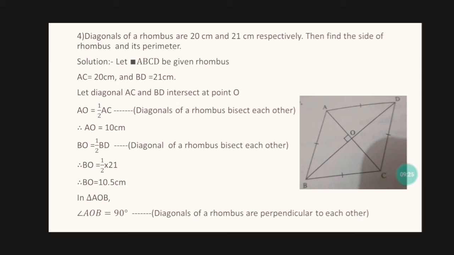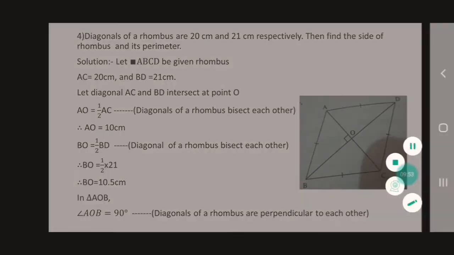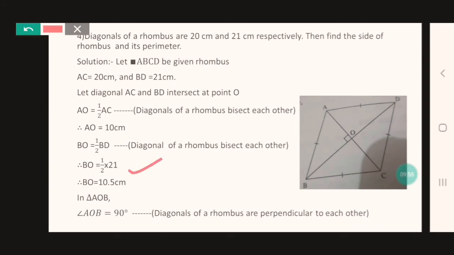AC is 20 and BD is 21. So half of AC will give me AO and half of BD will give me BO, right? Half of AC is half of 20, that is 10 centimeter, and half of BD is half of 21, that is 10.5 centimeter.